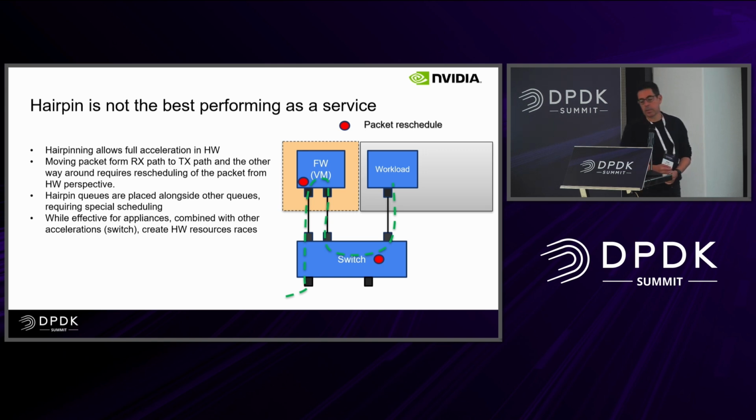Another thing is that we introduce another queue now, and if you have another queue, you start to compete with the queues of the workload. Each VM has its own queues, and now you need to handle priorities. You want the firewall not to block the VM, so it should be higher priority, and it starts to get complicated.